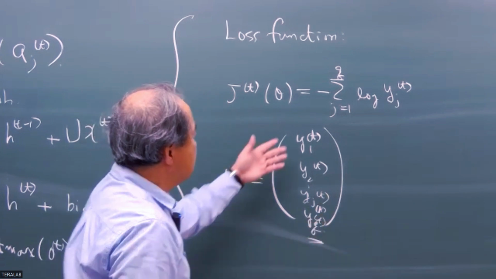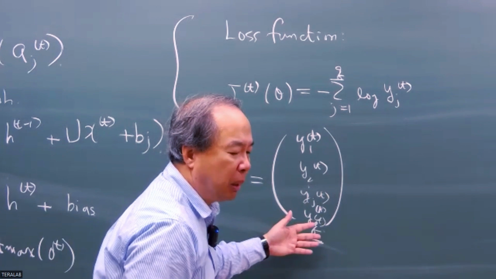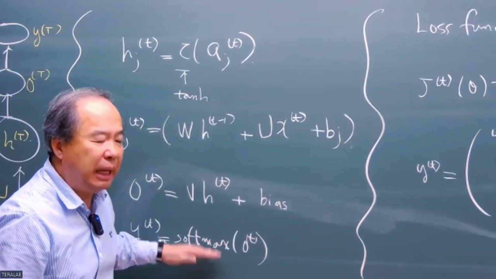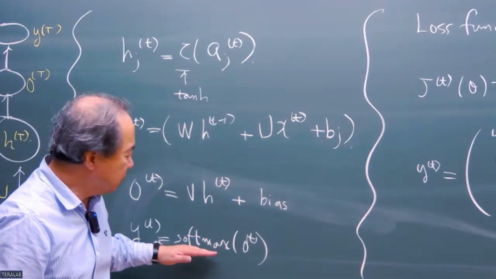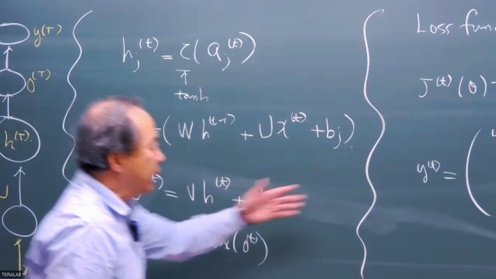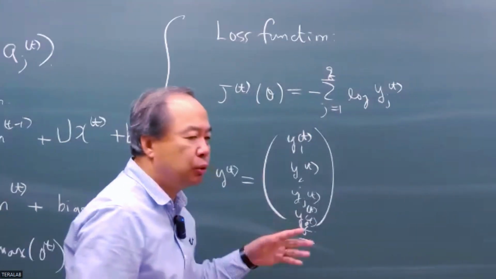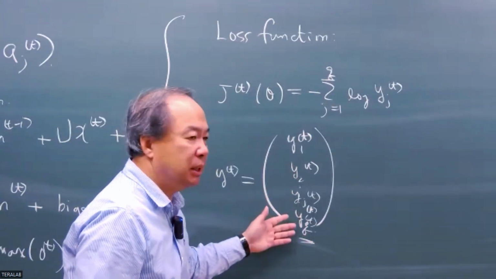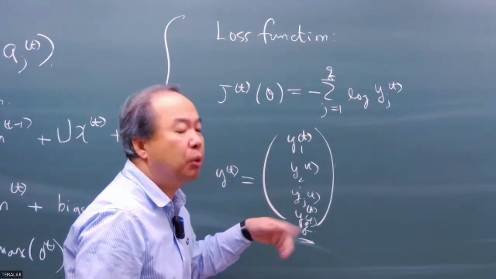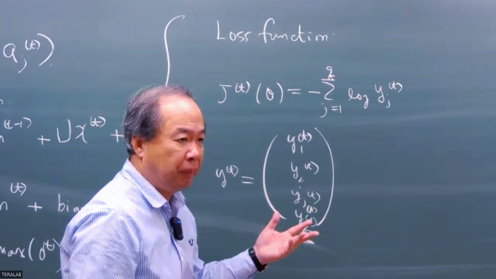This y function is a kind of probability function because we're going to use the softmax. Later on, I will show you what the softmax function is. The softmax function is to regularize y1 to yq so that the summation becomes 1. Actually, this y becomes a probability distribution.